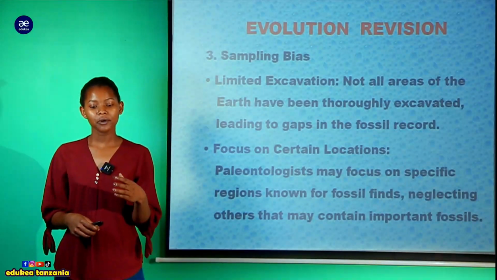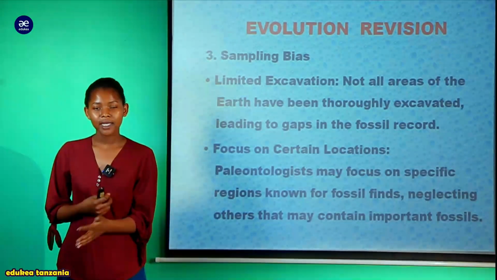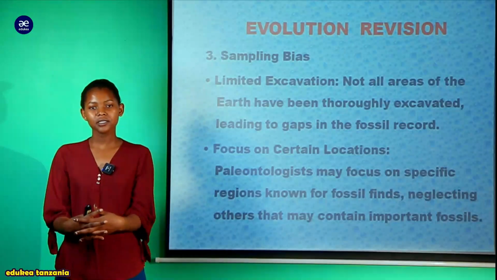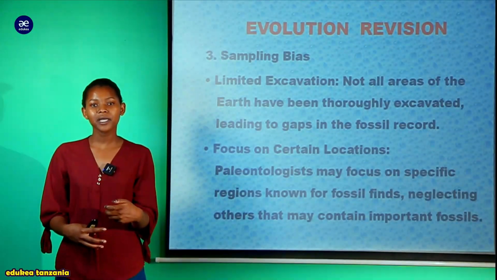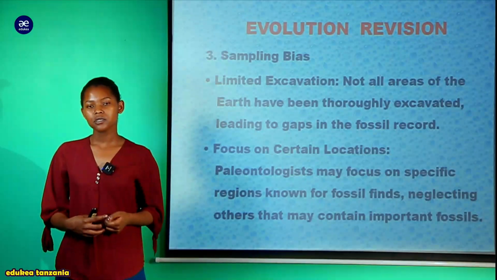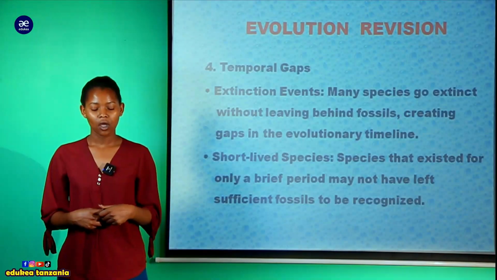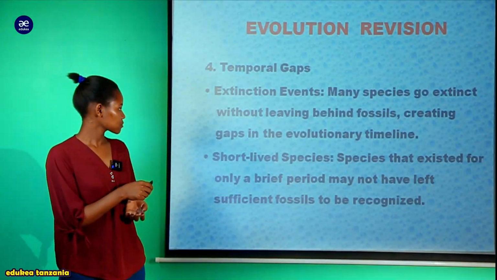Wana focus kwenye eneo moja ambalo wanaamini kwamba they can find the fossils and left or neglected the other areas ambako pengine wangepata important fossil informations ambazo zingesaidia katika ku-explain in detail the process of evolution. That is the problem.